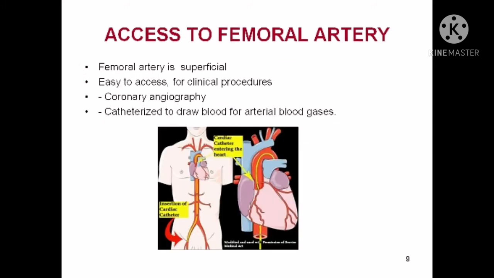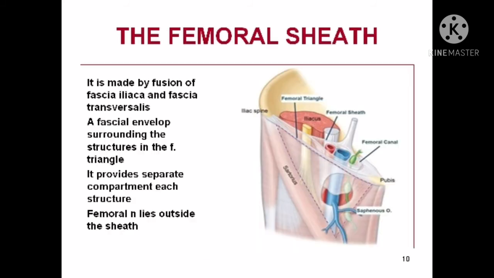As the femoral artery is quite superficial, we can easily palpate it there. So we can catheterize it to draw arterial blood for assessment of arterial blood gases, and for coronary angiography and coronary angioplasty.